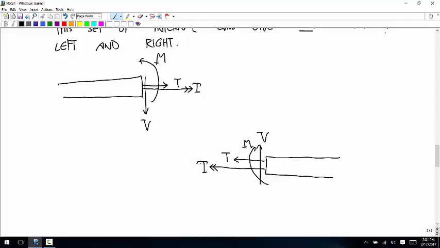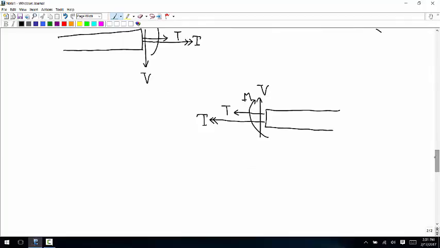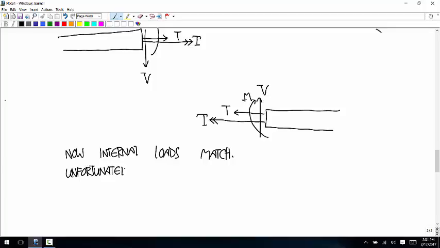The trade-off, now that these internal loads match, is it obscures what these internal loads really are. Like the idea of an internal load is sort of a simple idea. So unfortunately, it sort of obscures the simple idea of what the internal loads are.